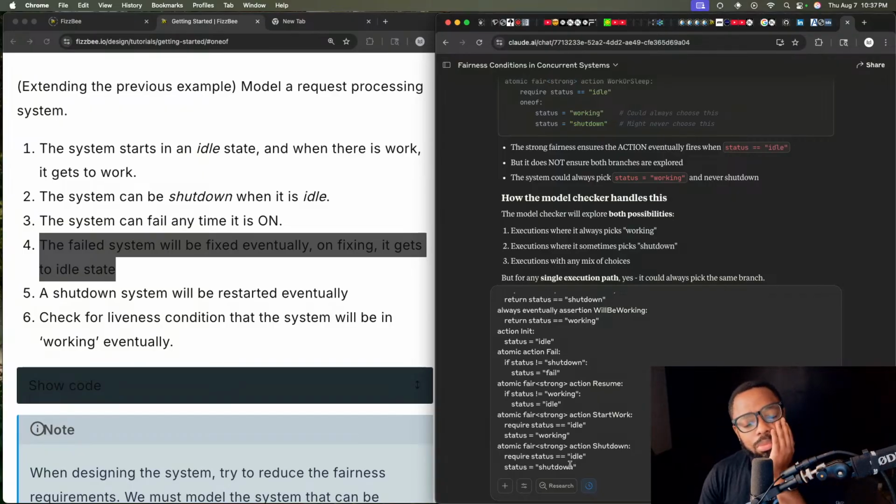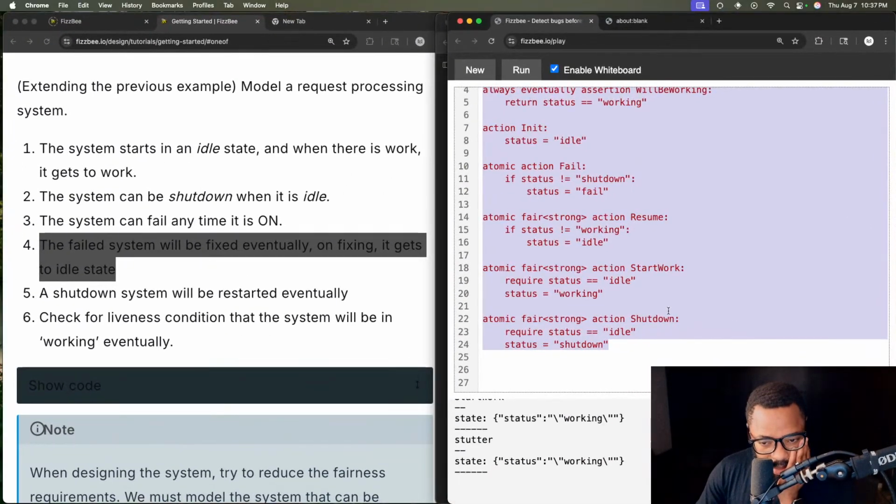But I think the main issue for me right now is that I'm not fully internalizing the non-determinism and how fairness plays into it. And the fact that I think the more actions and state options you have, the harder it is to fully grok, at least for me.